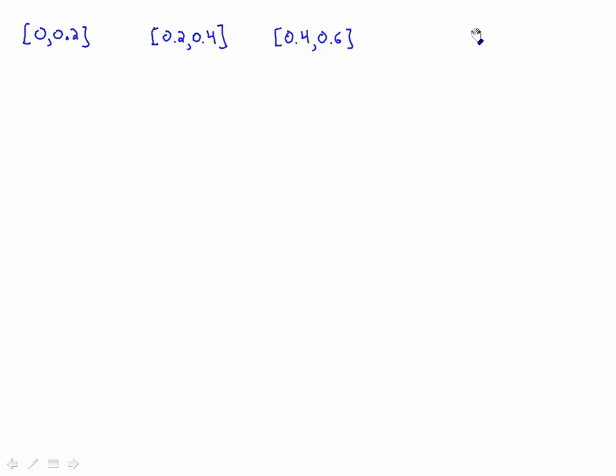And then finally 1.8 to 2. Now, for each of these, the width and then the length or height, if you preferred, the width is always going to be 0.2. And that's true for each of these. So that doesn't change. They're 10 equal intervals. So that's part of our rectangle.